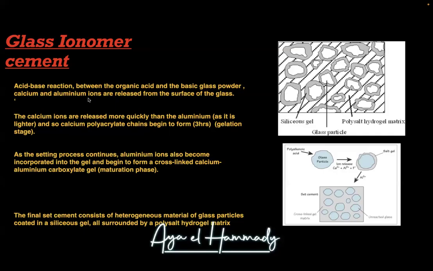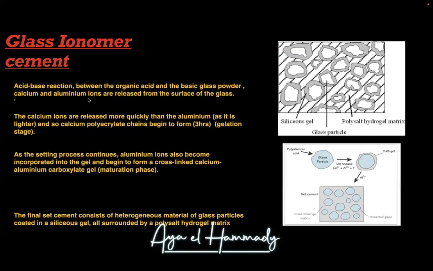What here is the advantage of this glass ionomer? Why does it have the preference? First of all, it can be adherent to the enamel. High retention, because it's a lot of acids, releasing the calcium in the initial phase, and in the maturation, it's going to release the aluminum. All of this will help with the tartaric acid.